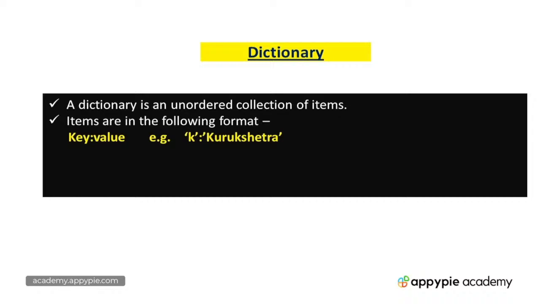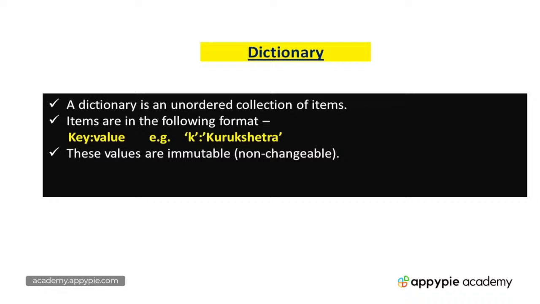For example, K colon Kurukshetra, both are strings in this example. So key is K, Kurukshetra is value. Whenever I want to refer to Kurukshetra, I will use the key K and it will retrieve the value of this key, Kurukshetra.